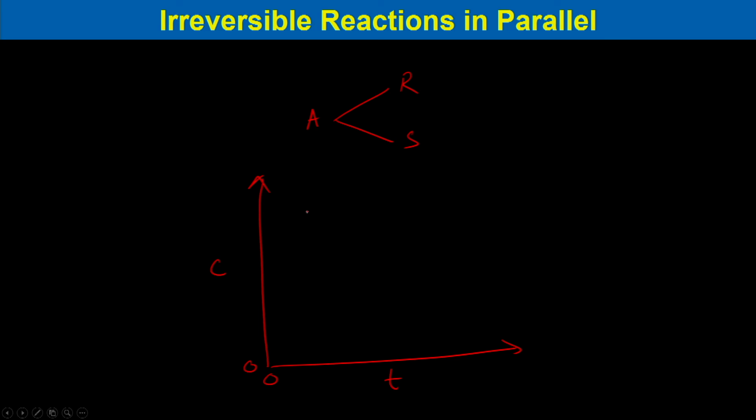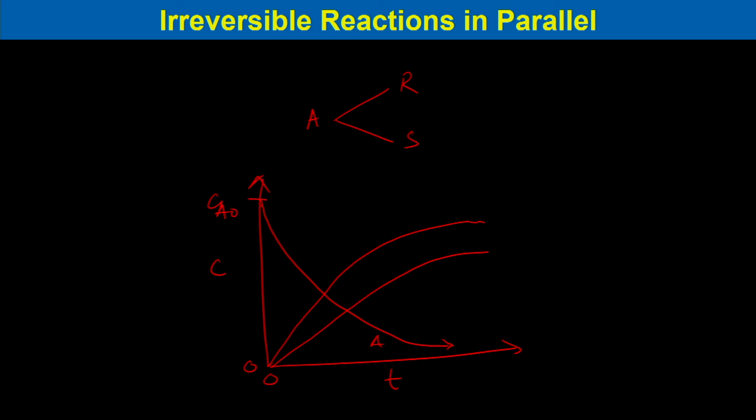The concentration of A will gradually decrease, starting with C_A0, and this is the profile for component A. Components R and S will both increase, depending on the individual rates k1 and k2.